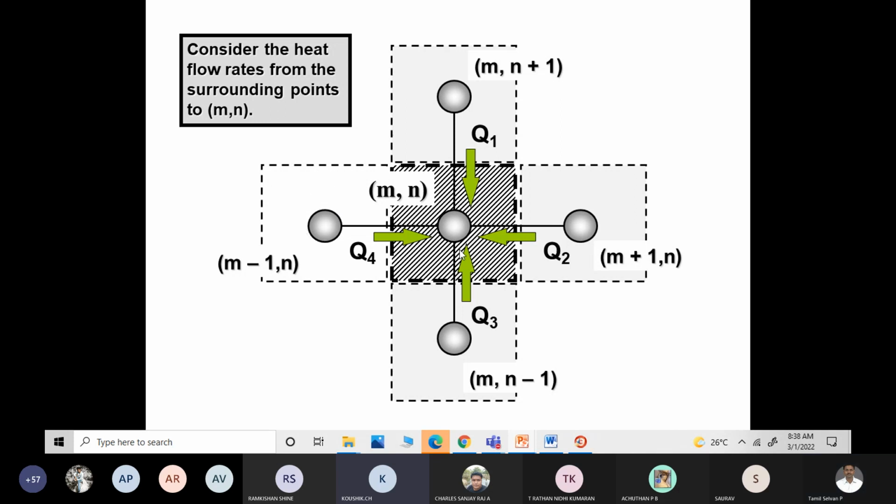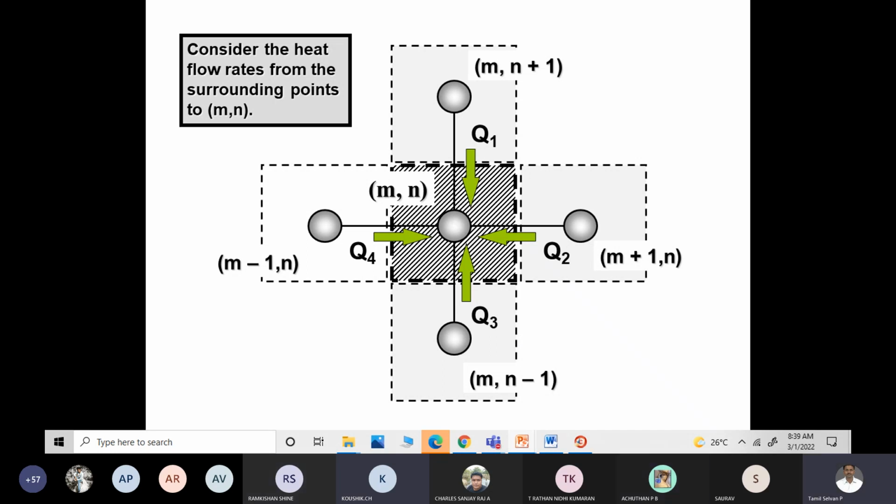The distance along the x-axis is del x, and the distance along the y-axis is del y. All of you are able to understand this? The center point is m comma n. Students?